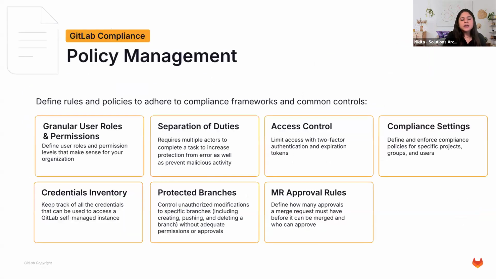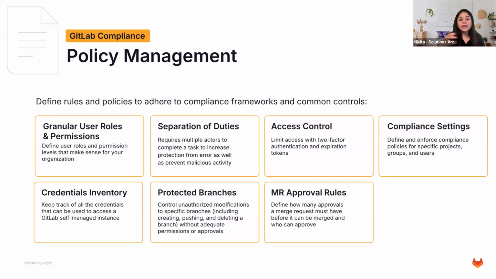All right, in addition to all these policies themselves, GitLab provides the ability to manage these policies as part of your compliance framework. So you can define granular user roles and permissions. You can limit access with two-factor authentication and expiration code.